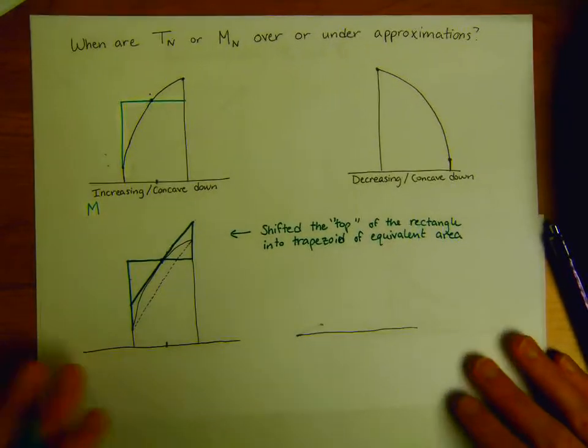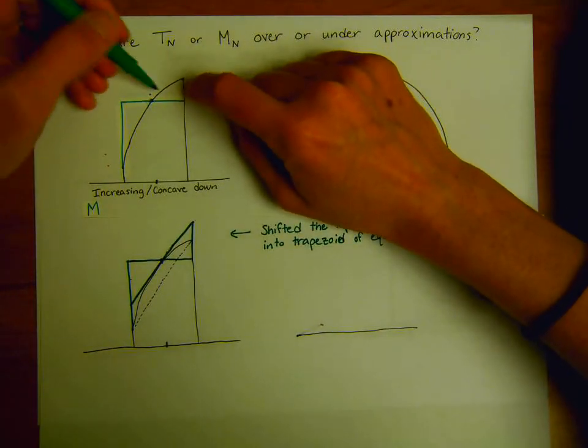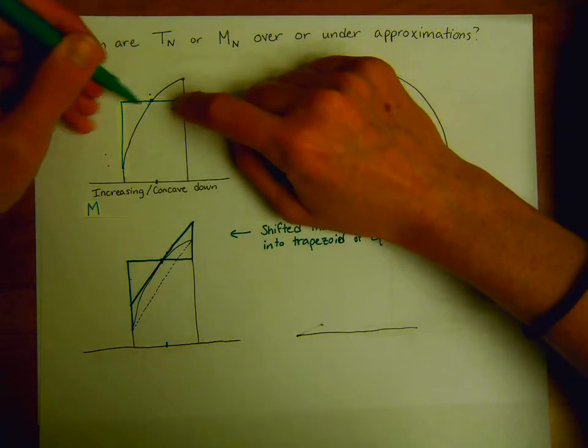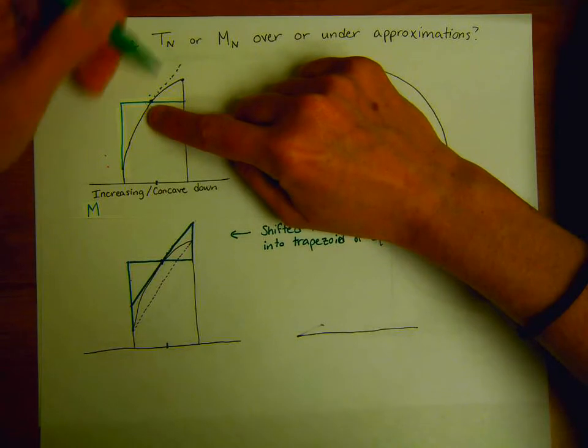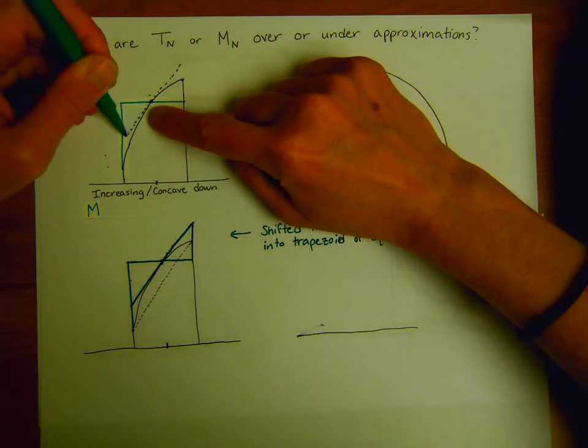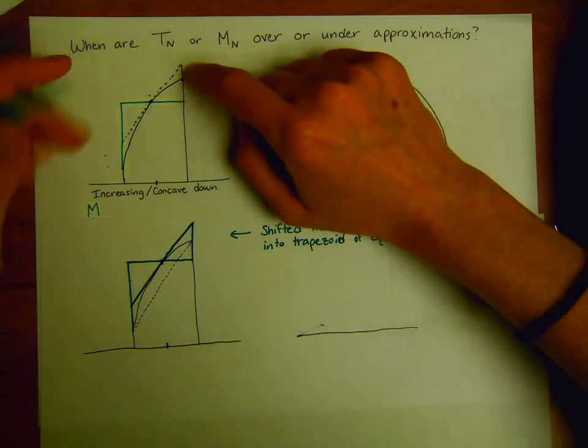And I did that because visually I can do that sort of easily here on this picture as well. I'm going to maintain the midpoint as the same, and I'm going to draw a line that's tangent to the top of this curve.